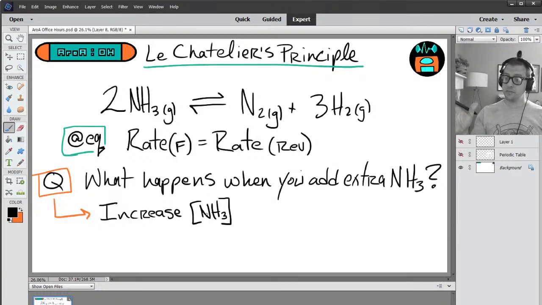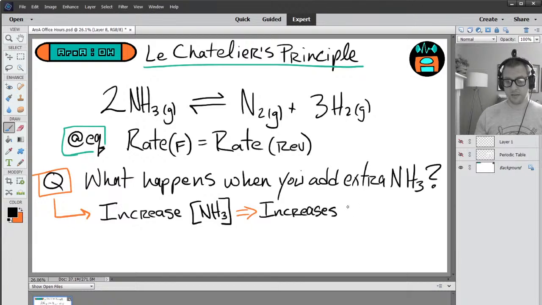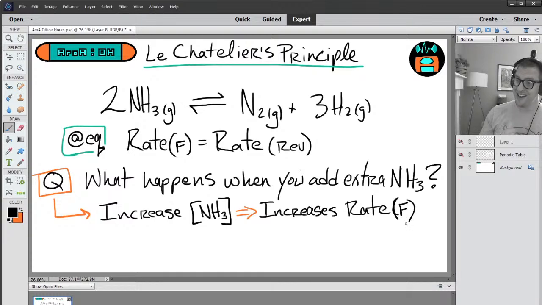At a higher concentration, you're going to have more collisions of ammonia molecules together. That increase in collisions is going to increase the rate of the forward reaction and not change the rate of the reverse reaction.